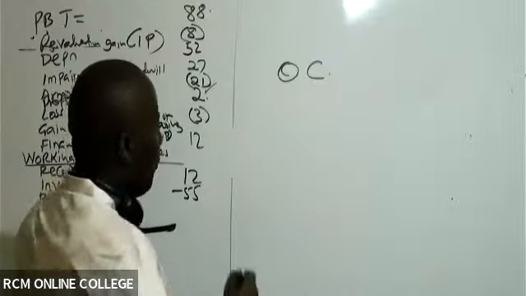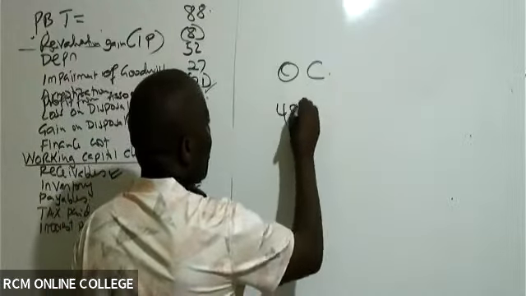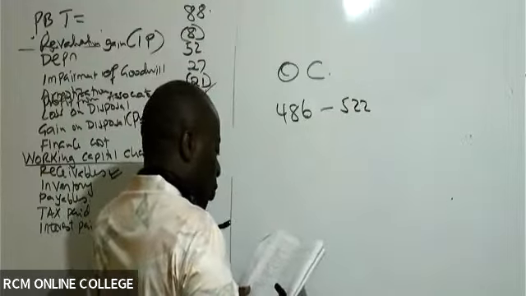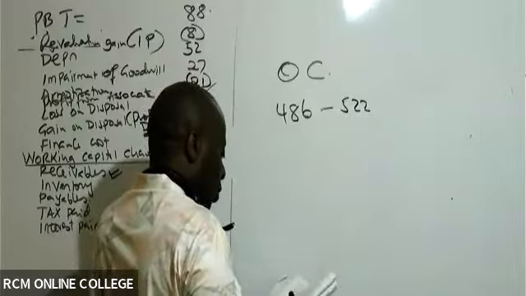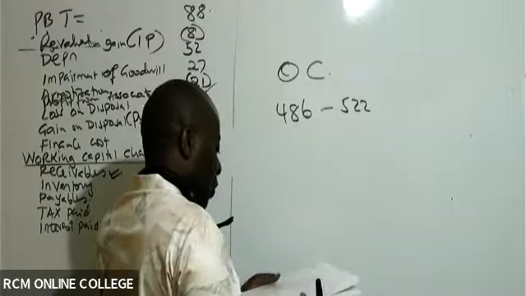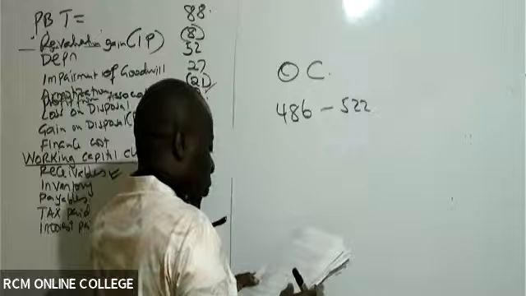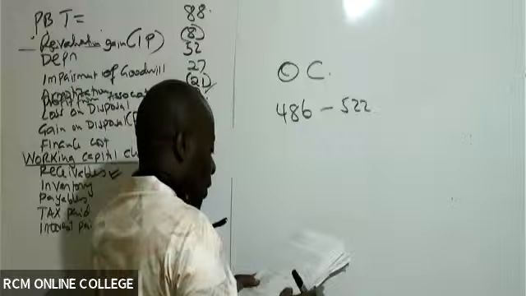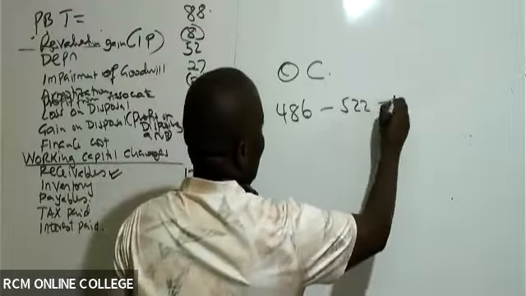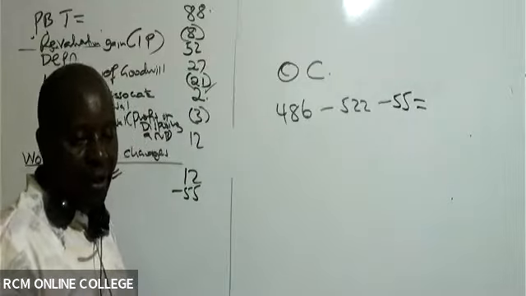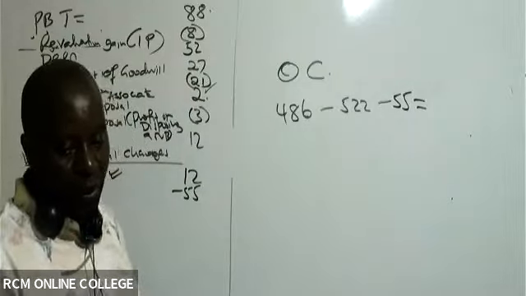So we have here 486 minus 522 minus this subsidiary that left us, it went with payables worth 55. And they're saying it's 524.